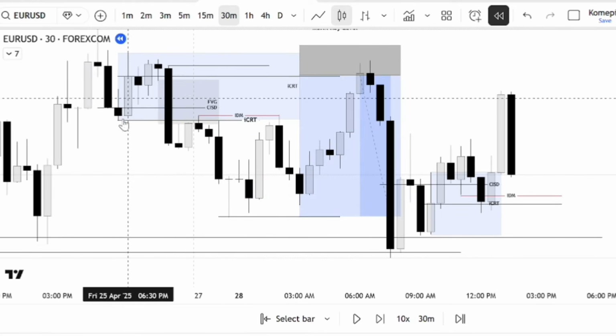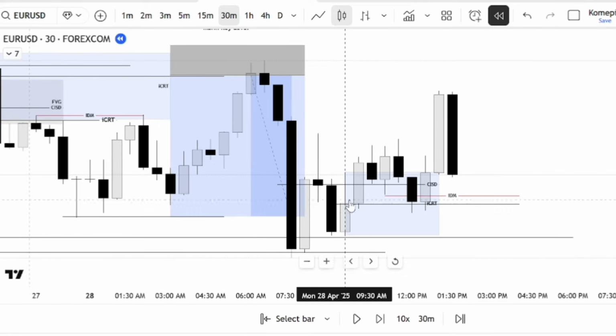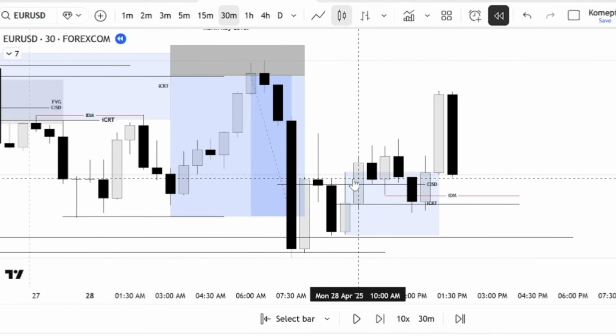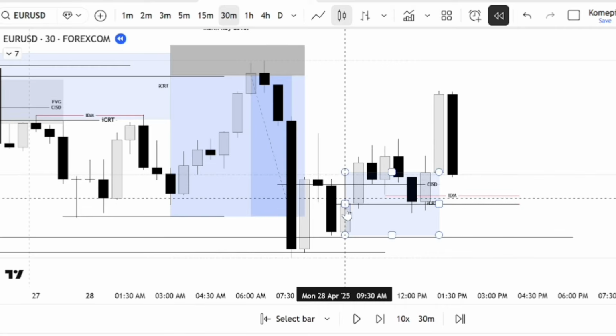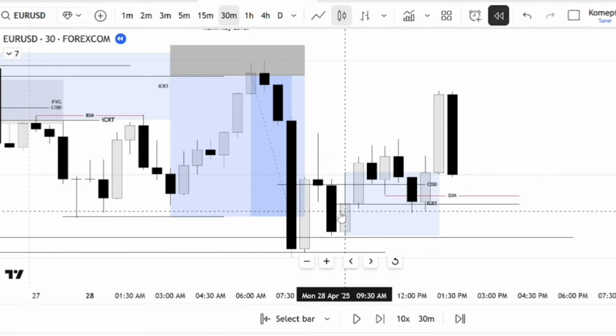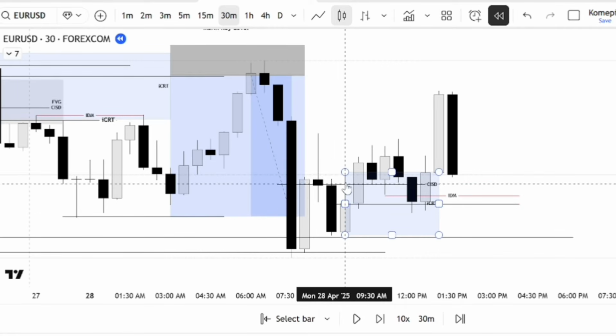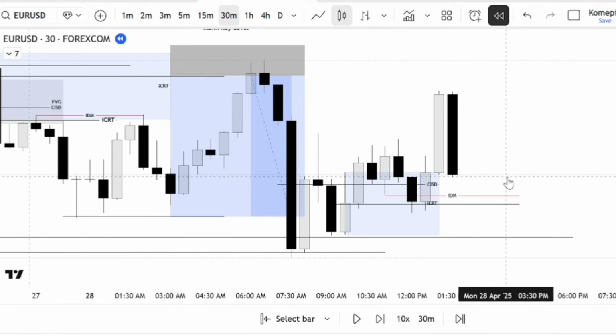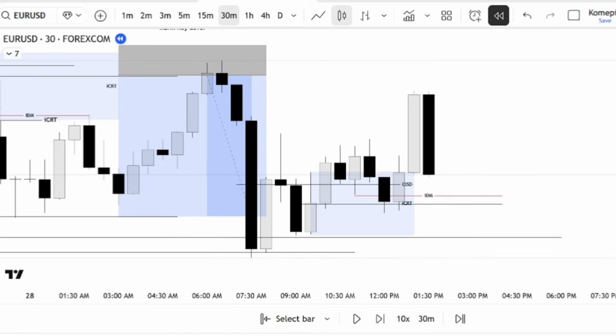Now, if you look at this other candle and the way this candle formed, they are not the same thing. If you notice, this candle has part of the candle weak, while the other half is the body. So this is why it is even more confident to take 50% of the iCRT candle.